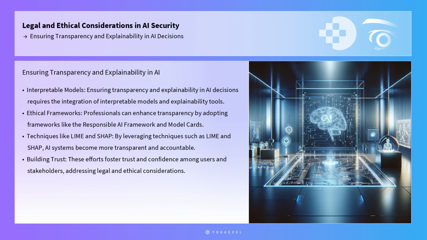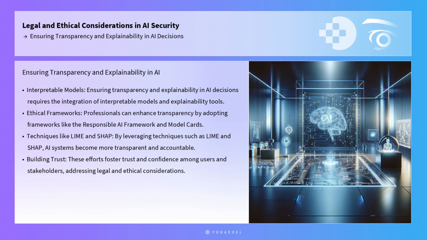In conclusion, ensuring transparency and explainability in AI decisions is a multifaceted endeavor that requires the integration of interpretable models, explainability tools, and ethical frameworks. By leveraging techniques like LIME and SHAP and adopting frameworks such as the Responsible AI Framework and Model Cards, professionals can enhance the transparency and accountability of AI systems.